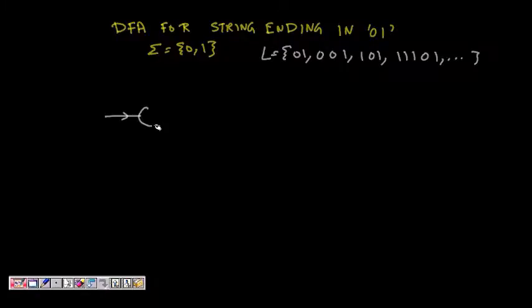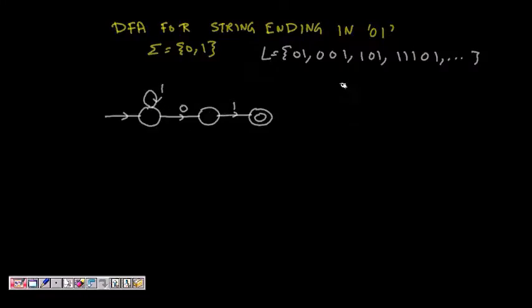So let's try out start state, 0 and 1. This will be accepted if I get a 0 and then a 1 and I go to the final state. But what happens if you get a 1 initially? Like 1 0 1, I can remain in the start state, because I'm waiting for 0 1 at the end. That looks fine.